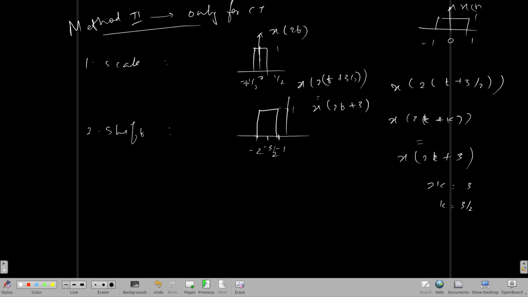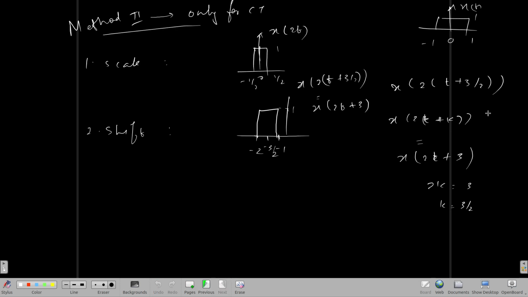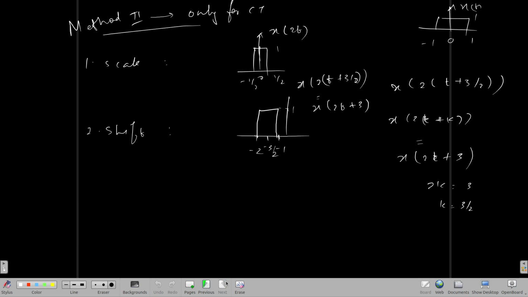You will get the same answer as before if you check, and the thing is that you have to adjust for the shift. So in my advice, you better stick to shift first, then scale, right? I'll put some more examples for you to practice for this and the earlier type of question that we did.